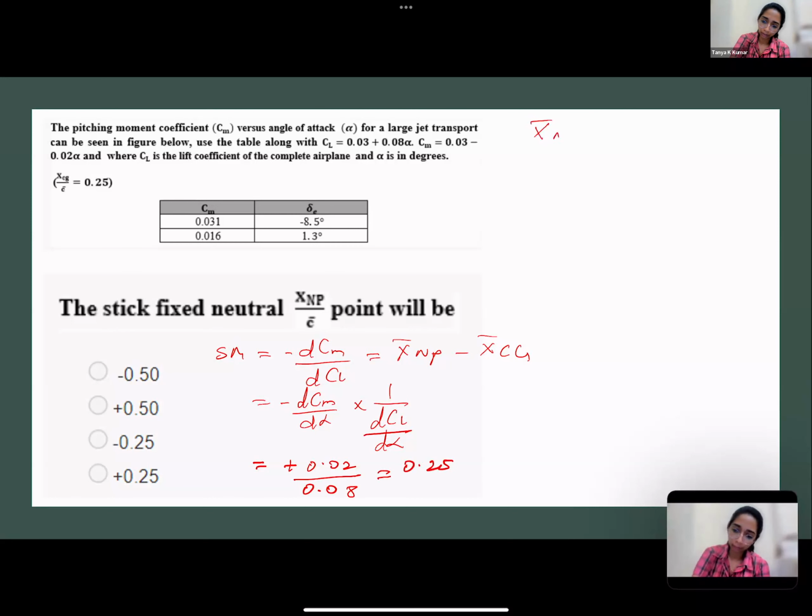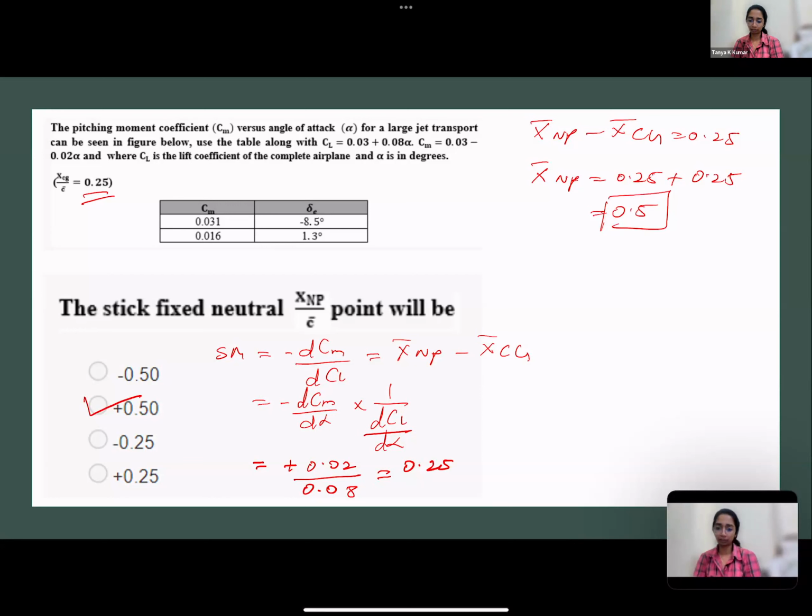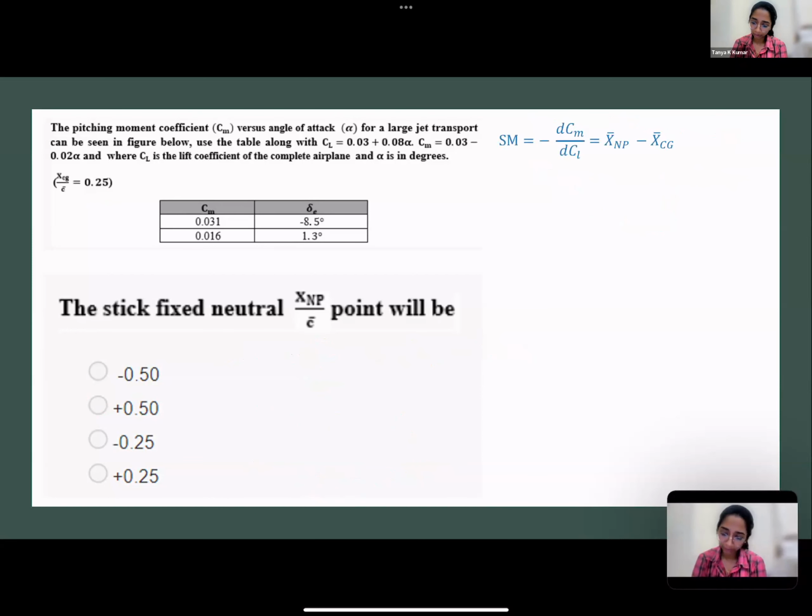So x bar NP minus x bar CG is 0.25, and x bar NP is 0.25 plus x CG, which is 0.5.